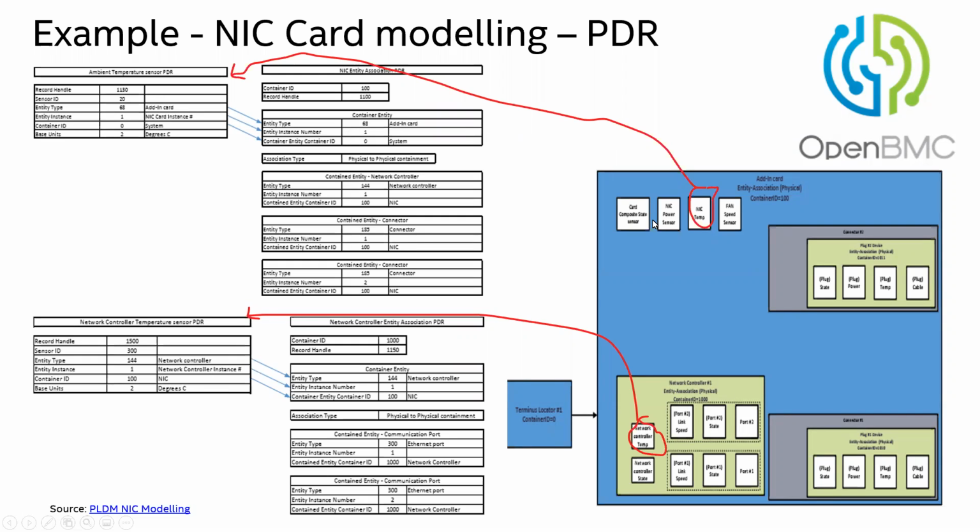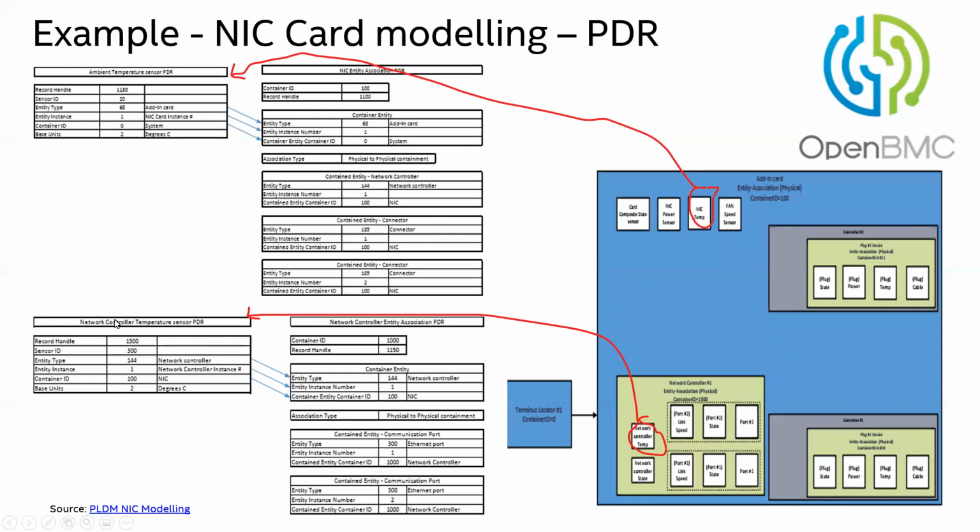When we model how the PDR is going to be used, the BMC has to read this PDR and entity association, and accordingly correlate or put the related item in its corresponding grouping. So it will know that this network controller temperature is under the container of network controller.